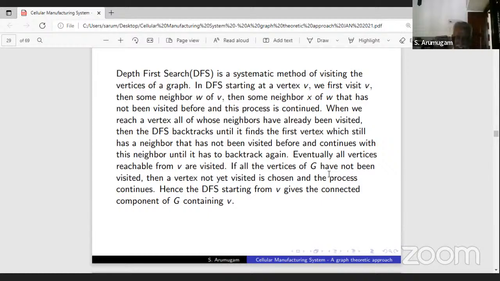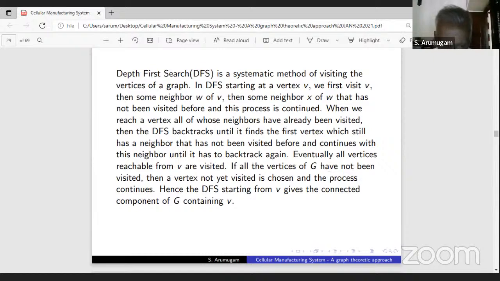As you see, just keep on going down, then backtrack, again keep on going down. So is there a possibility that a cycle will be created among the edges of traveling? In a DFS algorithm, can you say that the set of all edges visited will never form a cycle?